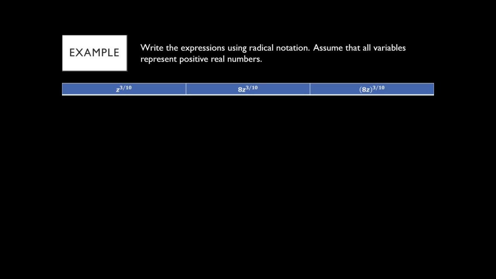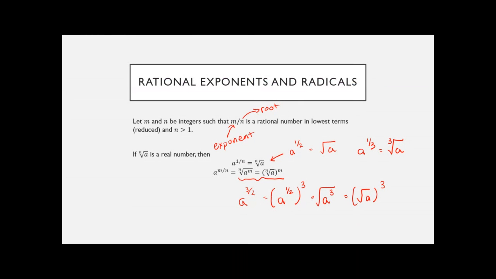So this is where we're going to use the bottom rule here, a to the m over n equals, and then you can choose which of the two ways to write it, whether you have your exponent on the inside or the outside. Both are equivalent.